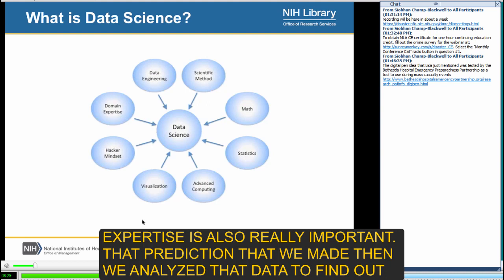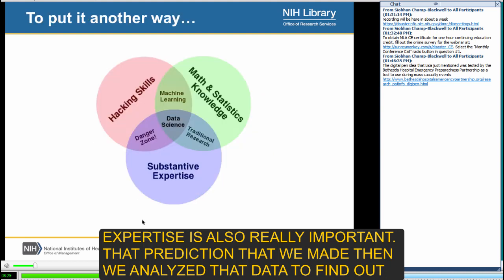We can find patterns in data sometimes, but it's really important for a subject matter expert to look at that and reality check whether that pattern is really legitimate or whether it's just noise in our data. So having that subject matter expertise is also super important.